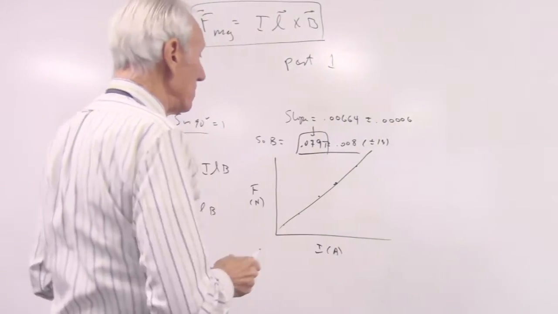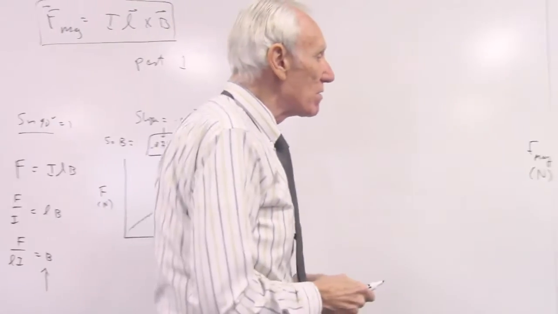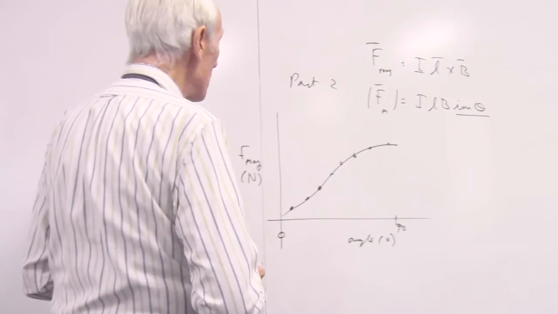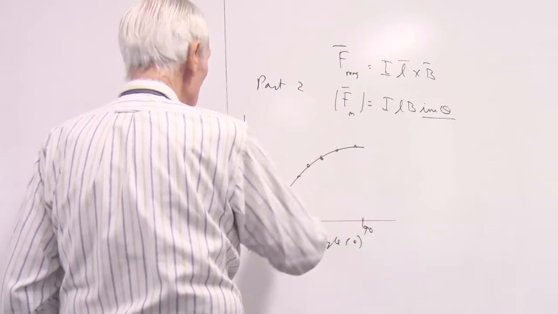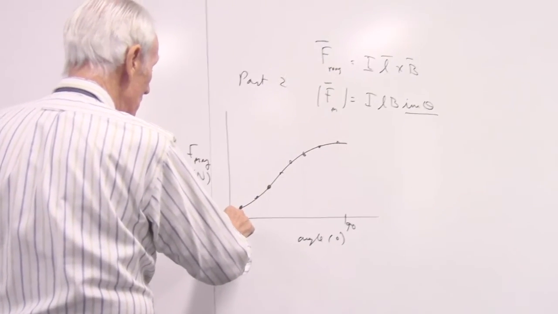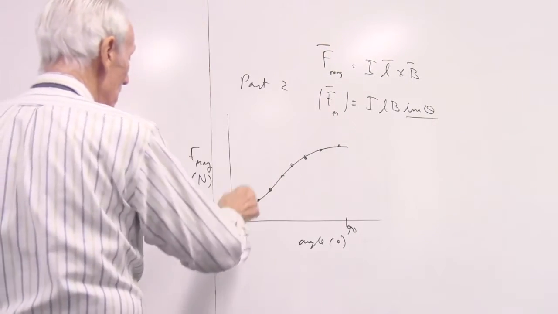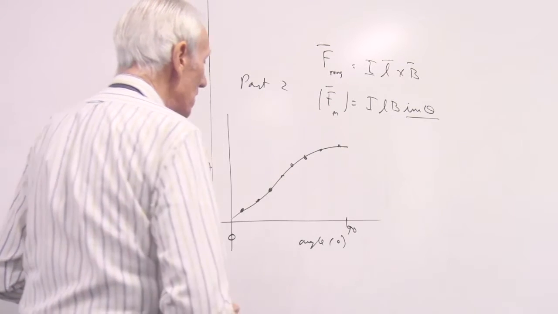Okay, so that's part one. And for part two, we also did a cut down version of the lab by going every 20 degrees instead of 10 degrees from 0 to 90 degrees: 10, 30, 50, 70, and 90.